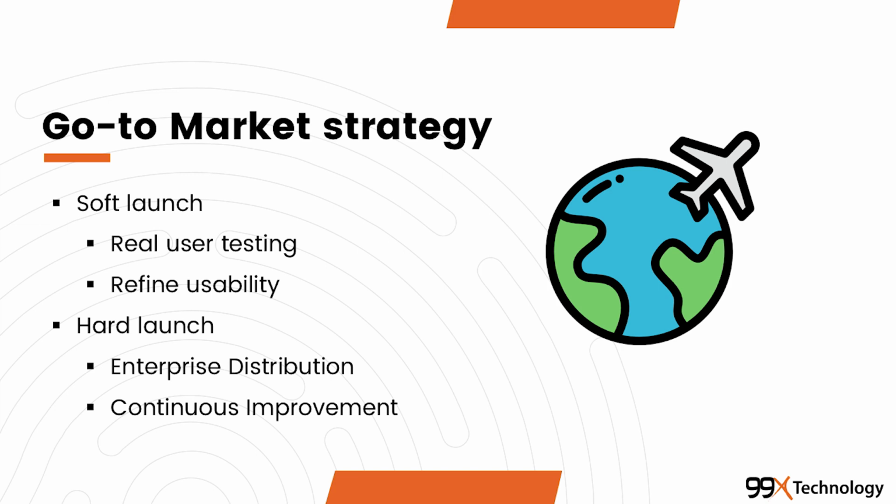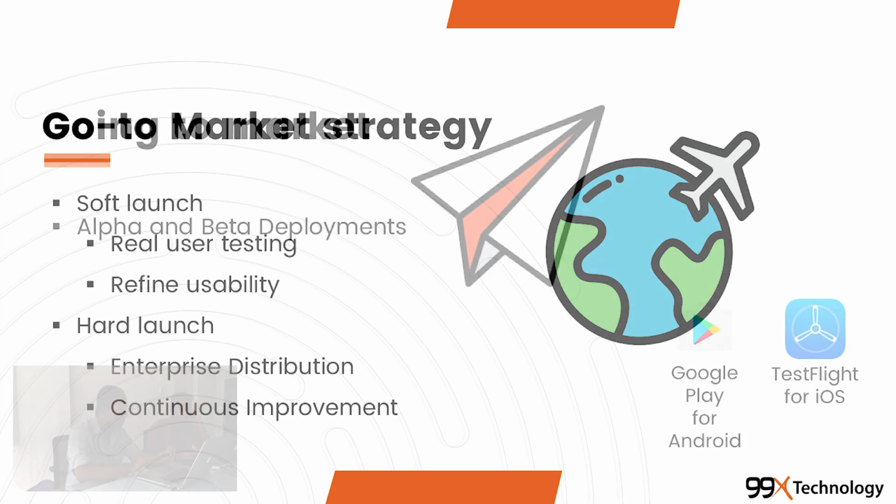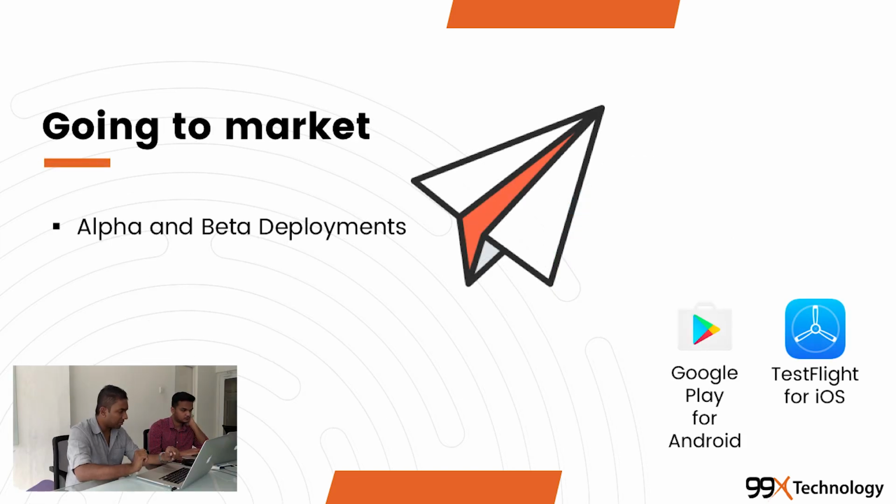So how do you actually do alpha and beta deployments? You should have a platform which enables you to do a controlled launch for a selective set of users. Both Google Play for Android and TestFlight for iOS have these features. Google Play has alpha and beta stages in the release pipeline. And on iOS, there's a separate feature called TestFlight, which allows you to onboard and pre-deploy your builds.